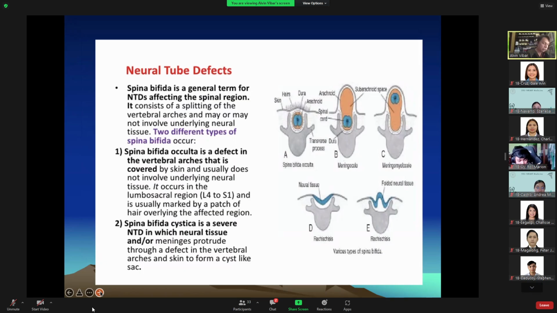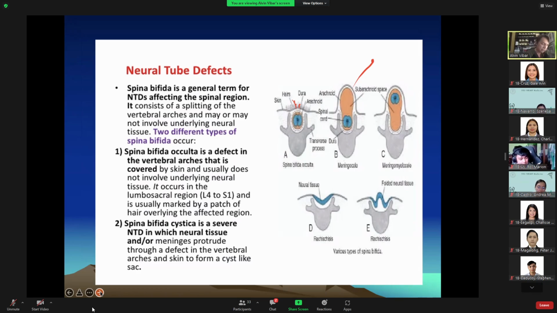this is your occulta. The only problem here is that the vertebral arches did not close. So you have skin dimpling with some hairs, and no neurological presentation. This is meningocele: meninges with CSF.